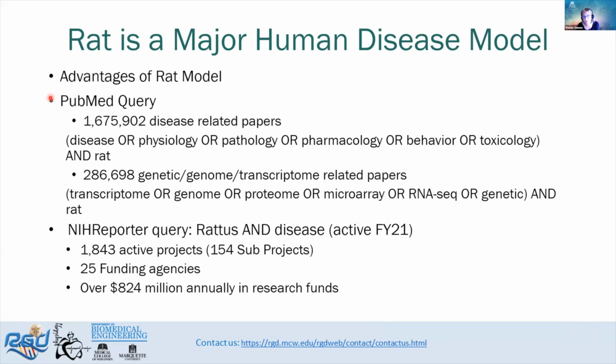Over 1 billion rat nucleotide bases align orthologously to mouse and human. Rat and human genomes encode a similar number of genes, and almost all human genes known to be associated with disease have orthologs in the rat genome. Currently, there are upwards of 1.6 million publications indexed in PubMed and over $824 million in funding dedicated to disease research with rat models.